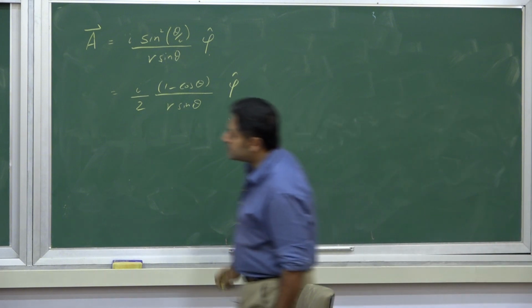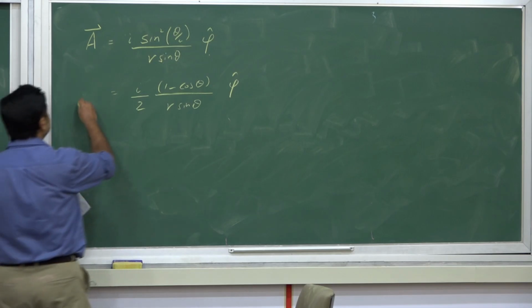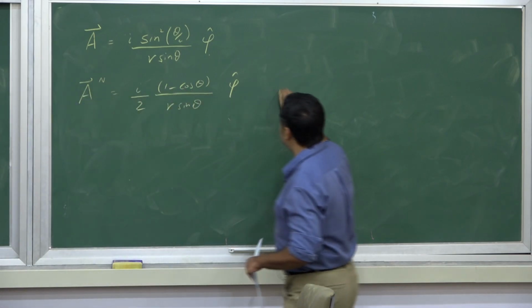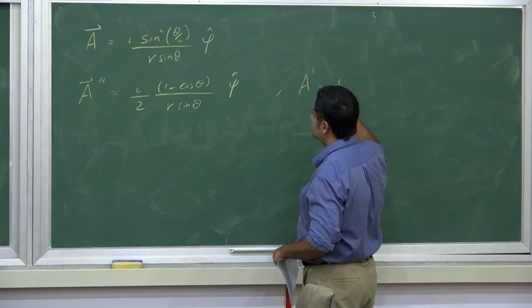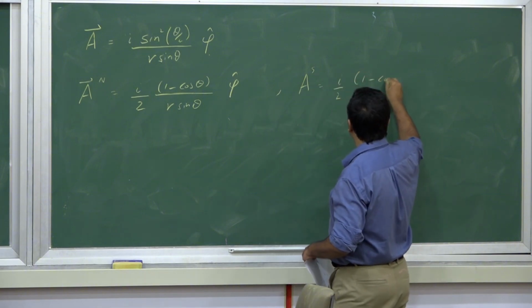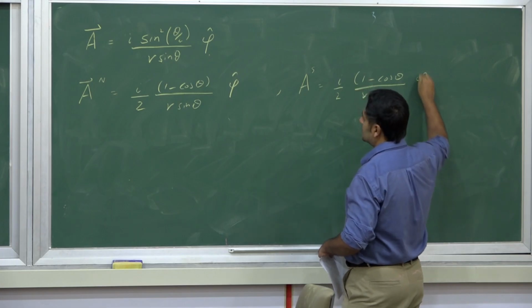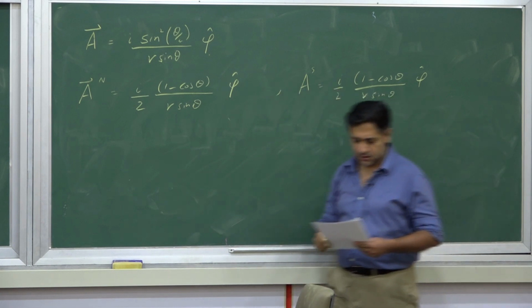So somehow maybe I was careless in marking there. Maybe this is north, I don't know. And the other one will give you, of course without the i, if I take the i out.